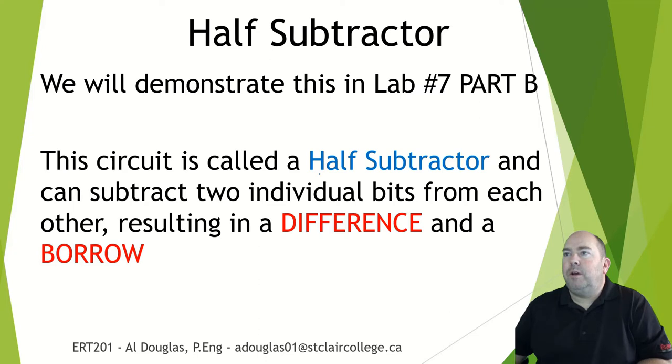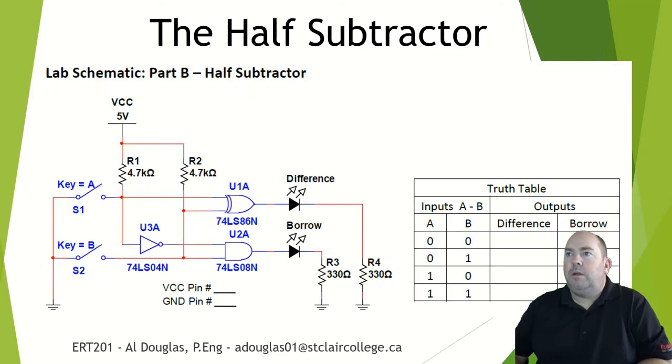So we have what we call the half subtractor. This is going to be Lab 7 Part B. The result is going to be a difference and a borrow. And our circuit looks like this, very similar to the half adder. The only difference here is we have now added this inverter in here. So we had A here, now we have A bar over here instead.